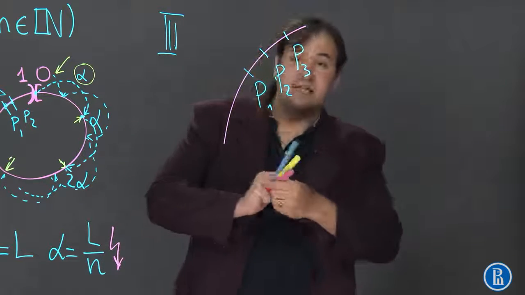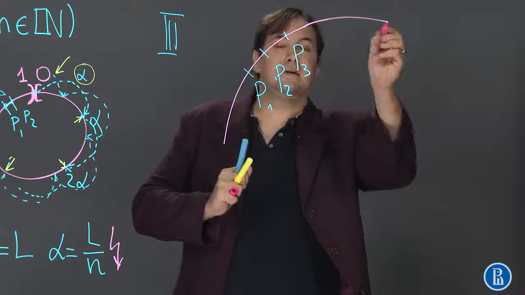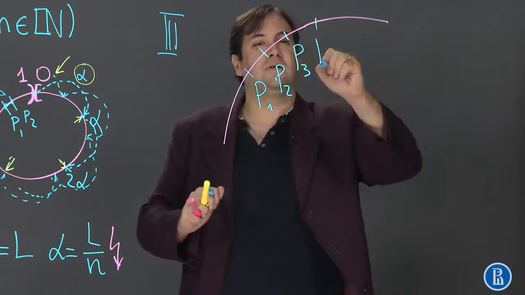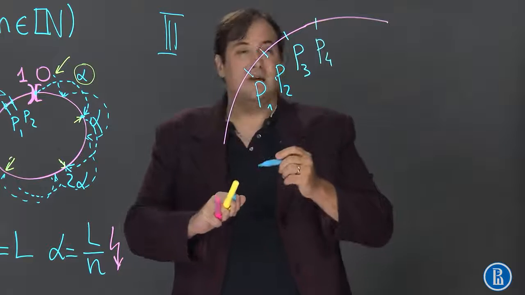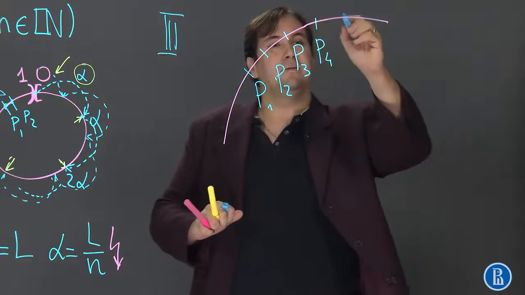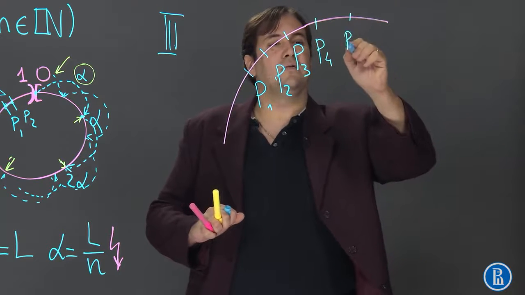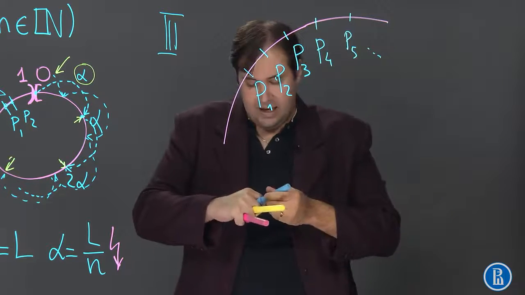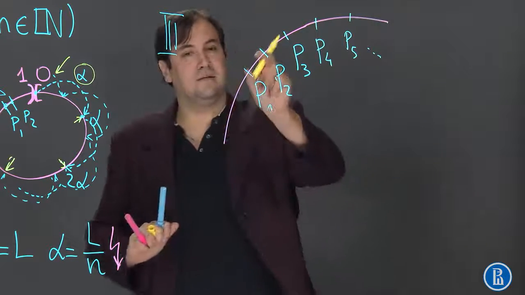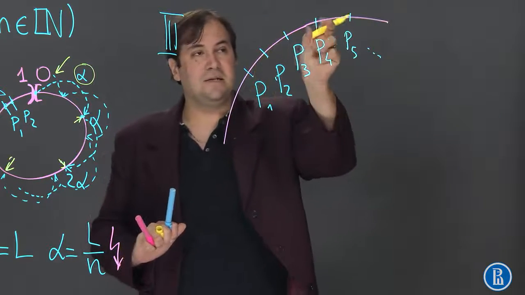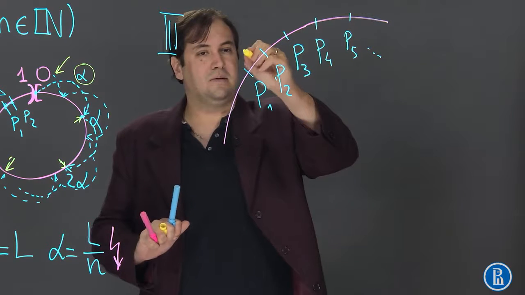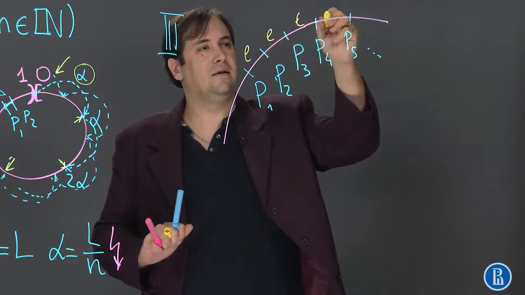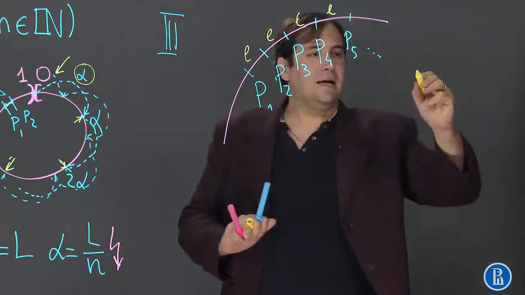And another k steps will bring the grasshopper into point P4. And another k steps will bring the grasshopper into point P5, and so on. And all these arcs will be just the same. Say L, L, L, L, and so on.